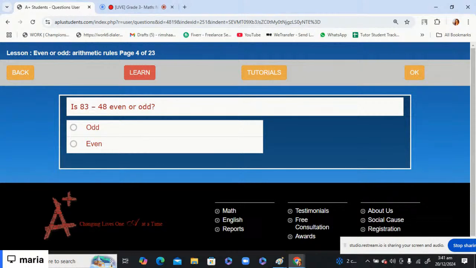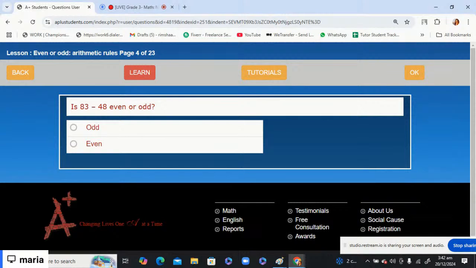Now solve for this. 83 minus 48. Is it even or odd? 83 is odd. 48 is even.